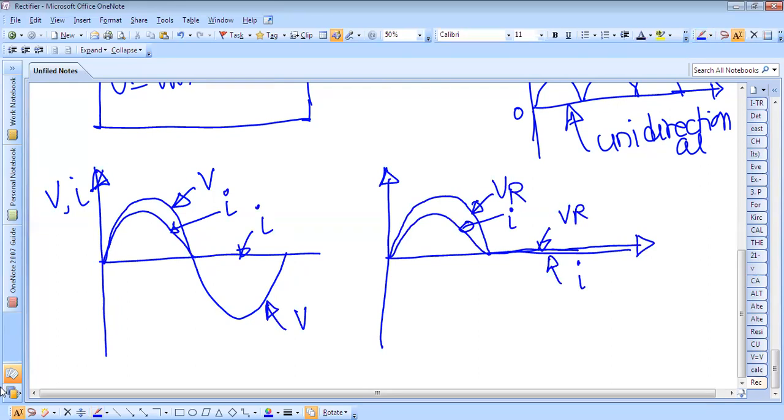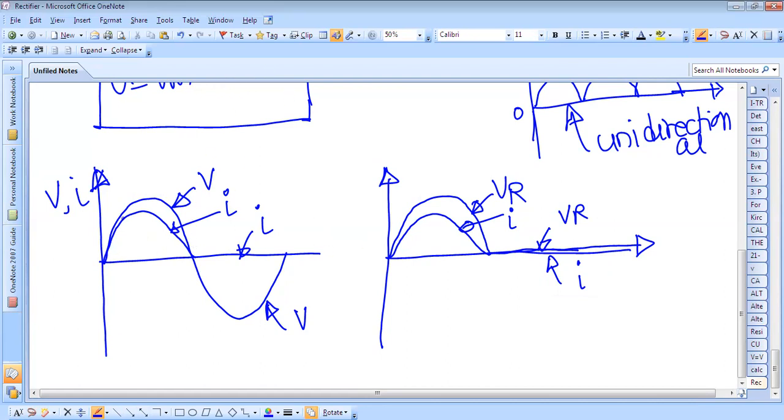When the applied voltage acts in the forward direction, there is no voltage drop across the diode, and the current flows without any opposition. Okay, so we'll get the current flow in the resistor also.